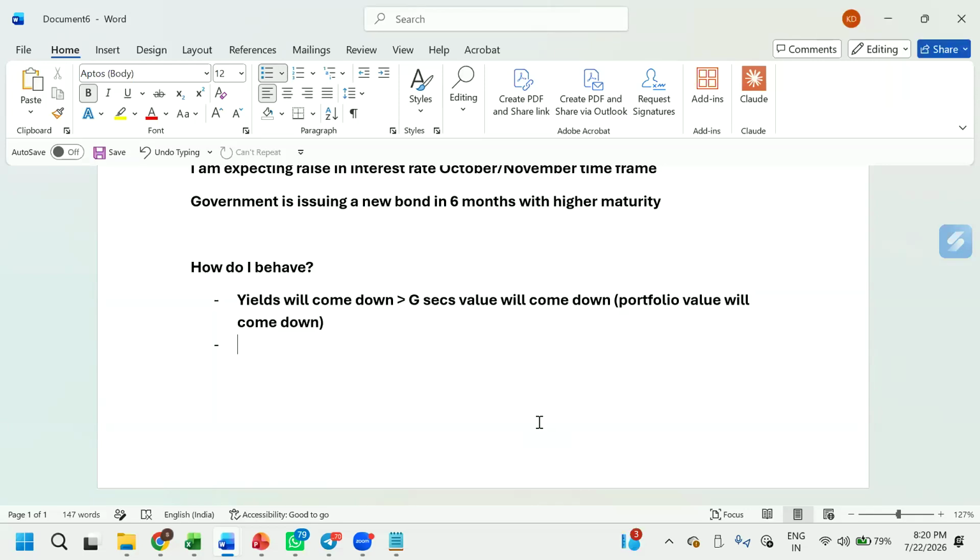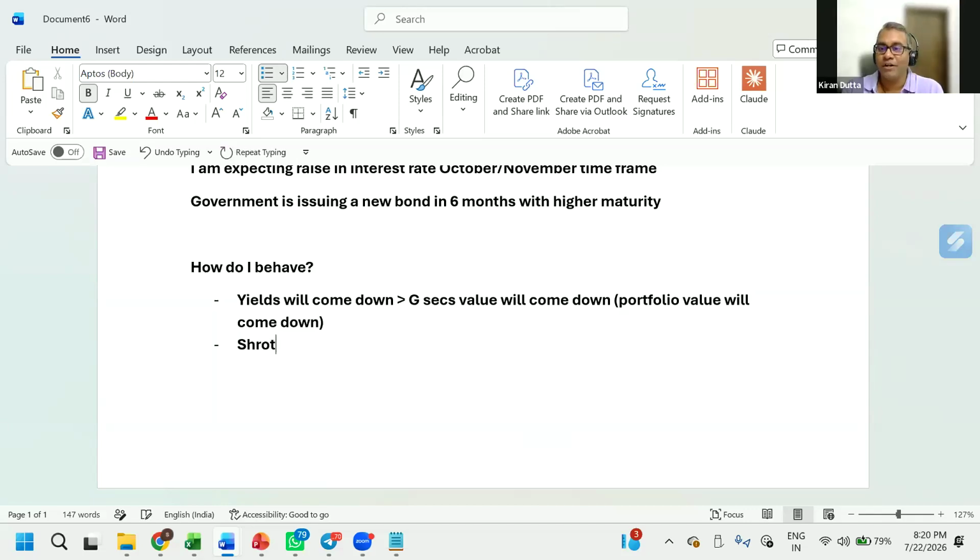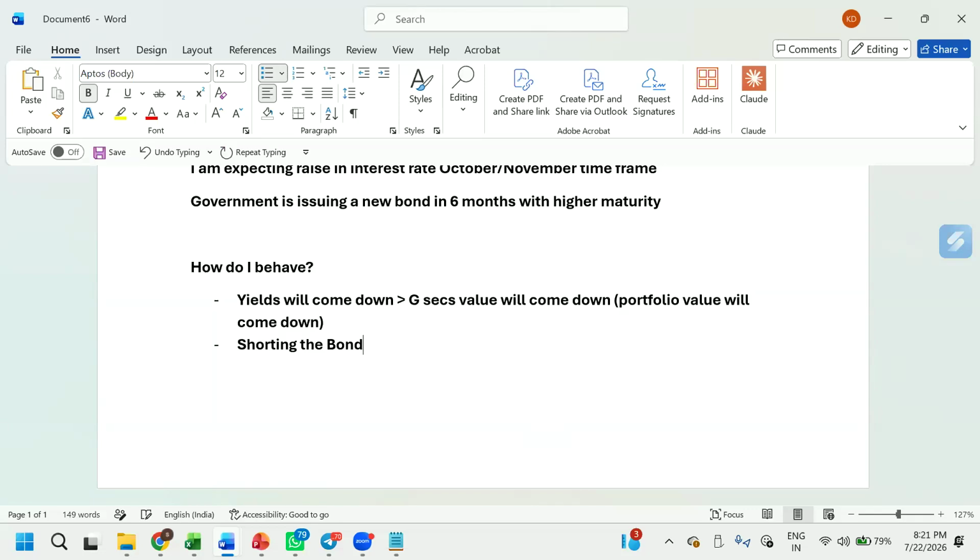Shorting. Actually, shorting the bond itself. Shorting the futures. Shorting the bond itself, right?